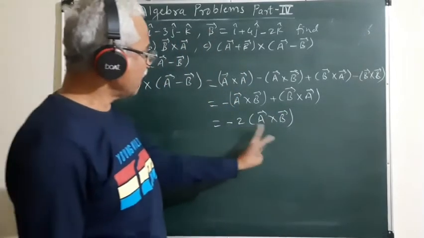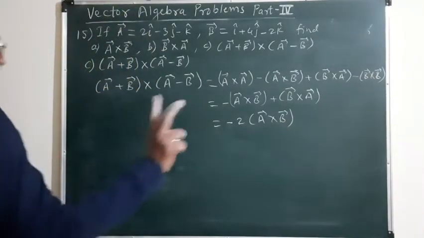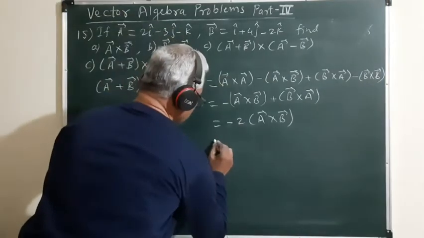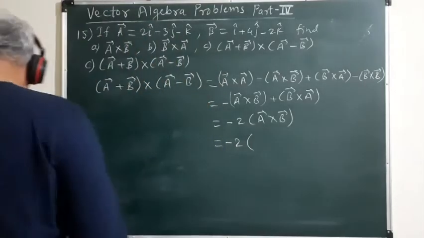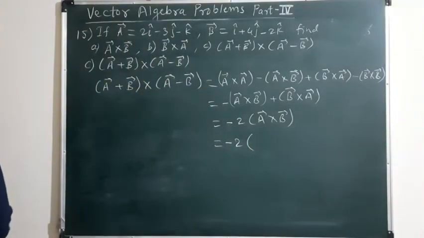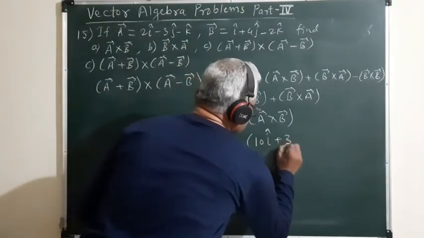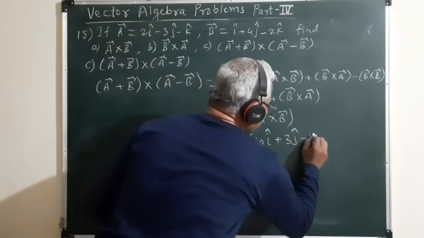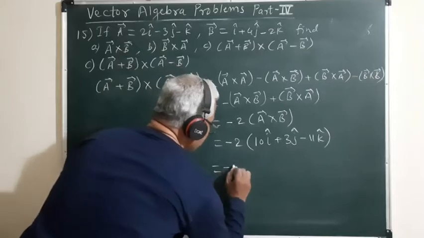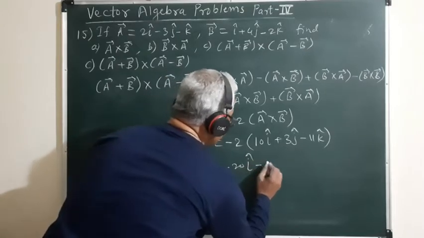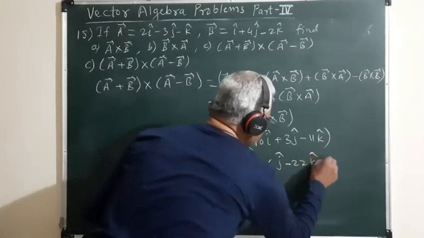And if we use the expression for a bar cross b bar that we obtained earlier, a bar cross b bar is equal to 10 i cap plus 3 j cap minus 11 k cap. So this is equal to minus 20 i cap minus 6 j cap minus 22 k cap.